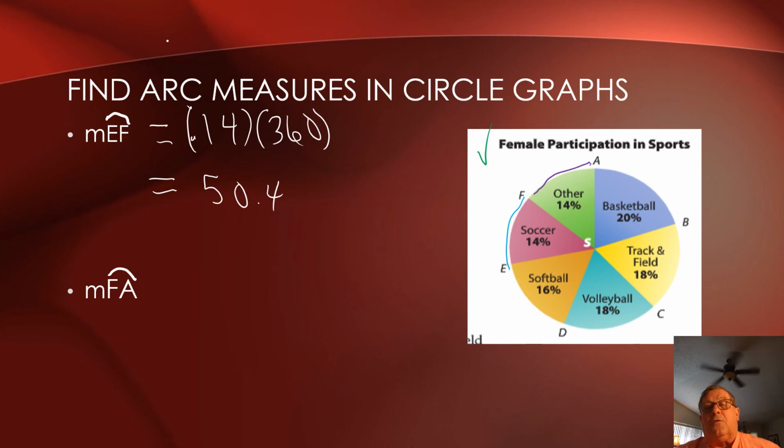Well, if the measure of the soccer portion of this circle graph is 50.4, then it would just stand to reason that since FA is also 14%, the measure of arc FA is also 0.14 times 360, or, as we've already calculated, 50.4. Shazam, they are congruent arcs. They are the same.